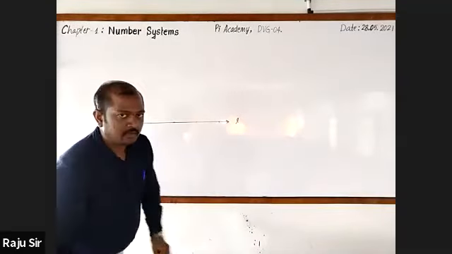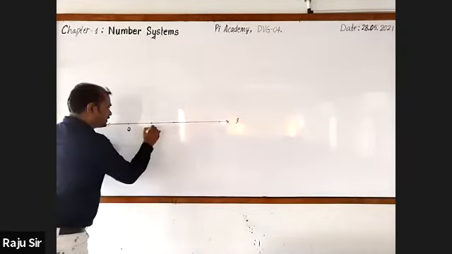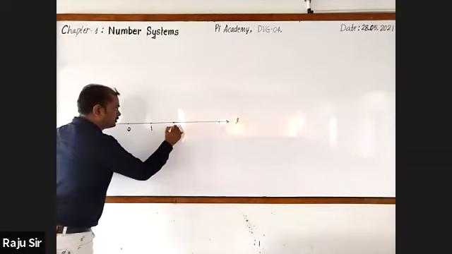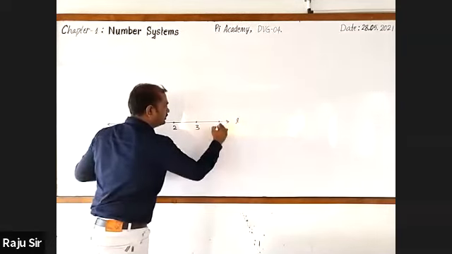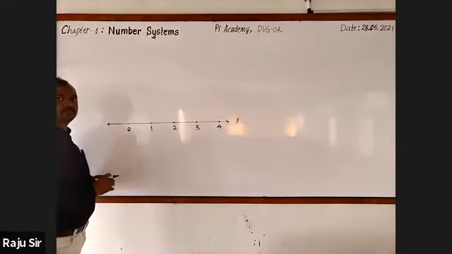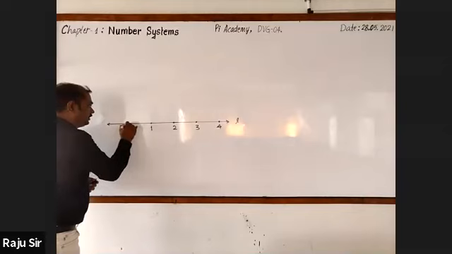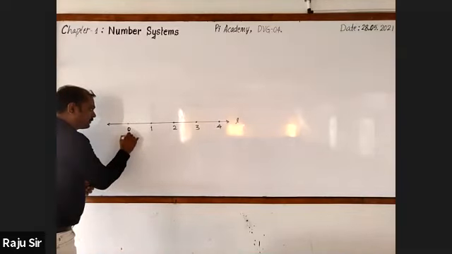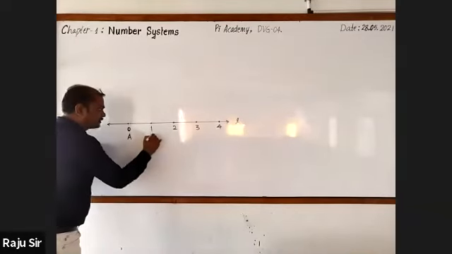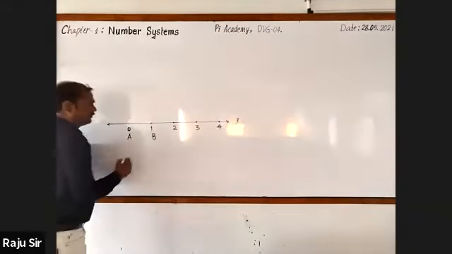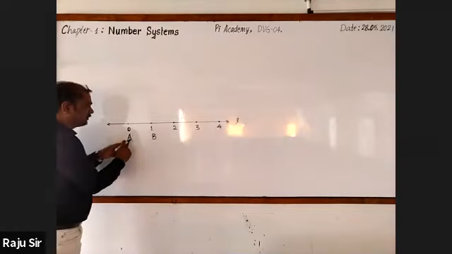Next, you call this point 1, the next point 2, another one 3, and one more, this is 4. Then the point which represents 0, let us call it A. The point which represents 1, B, and we call the distance from A to B 1 unit.